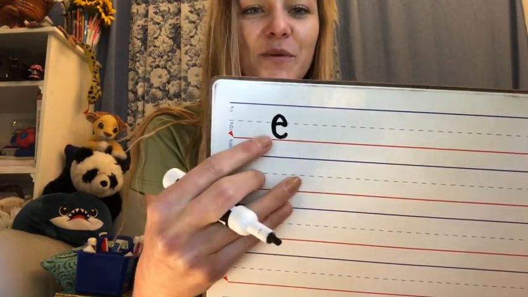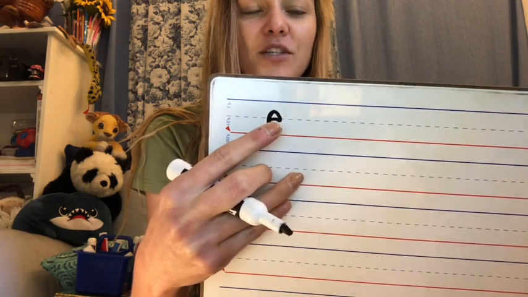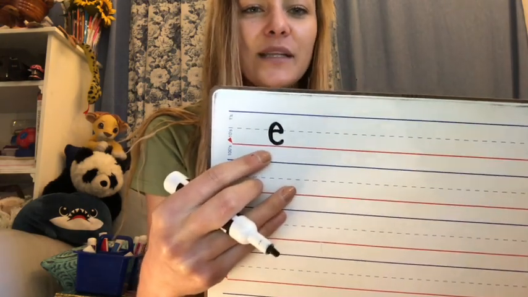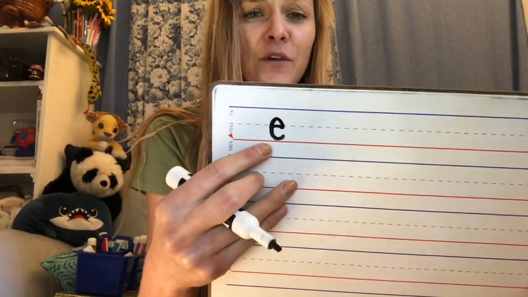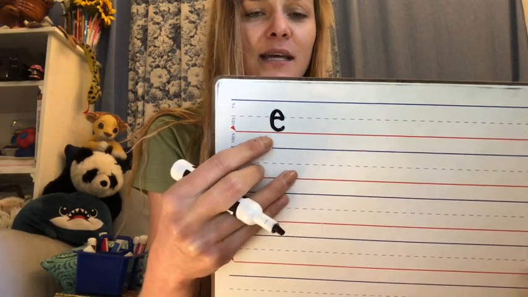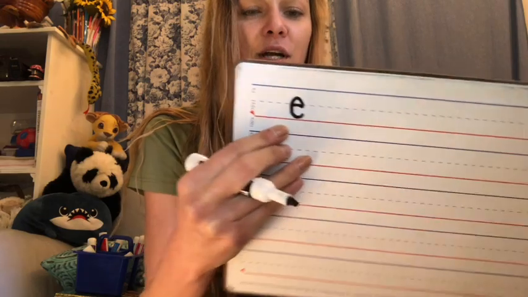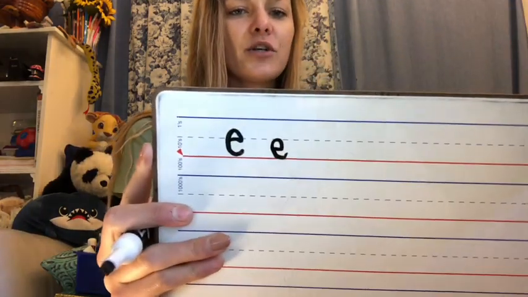I've seen teachers do it this way where they put it on the dotted line. I find that that's really helpful for kids who are learning letter formation for the first time. And then as they get older, I've seen other teachers, more like second grade, who encourage the E underneath it more.